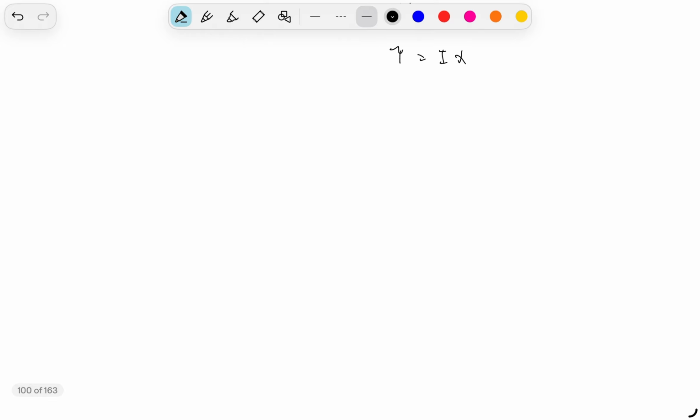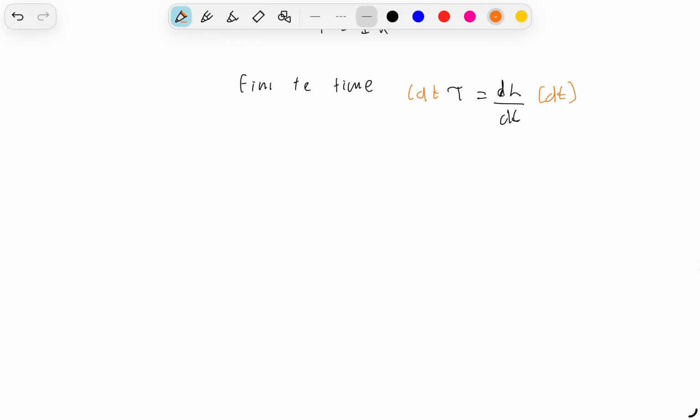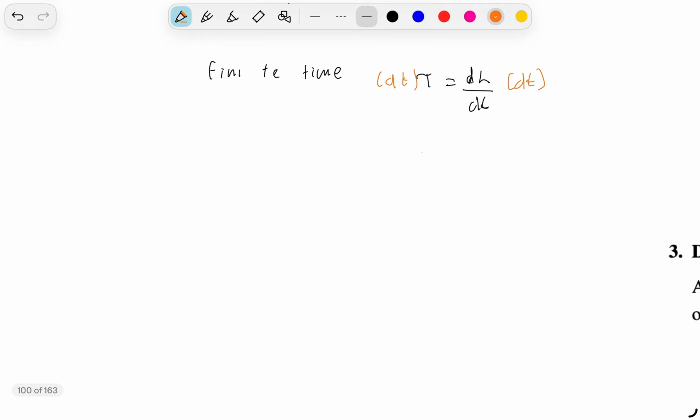Now we can convert this into finite time. You multiply both sides by dt. So we have torque dt equals dL, and we can integrate over time.